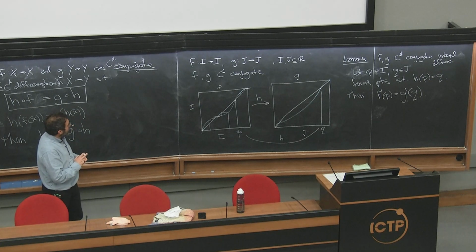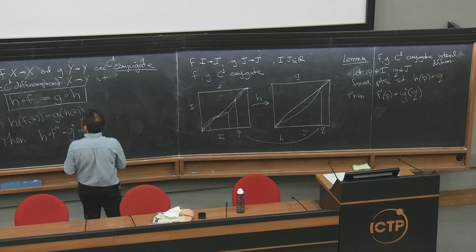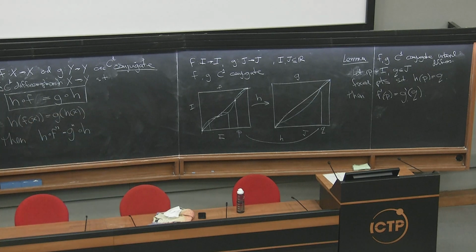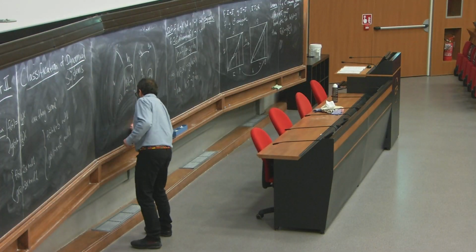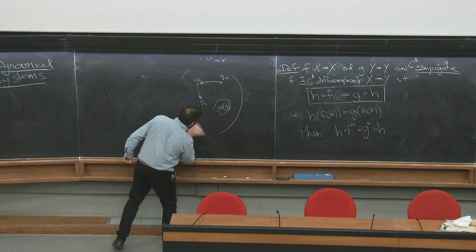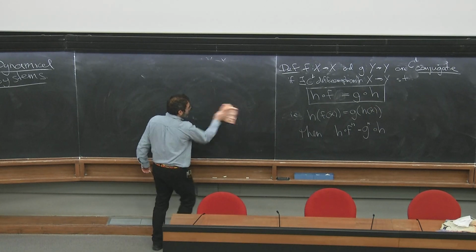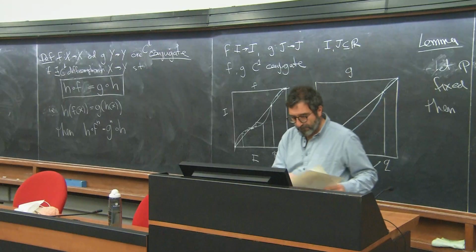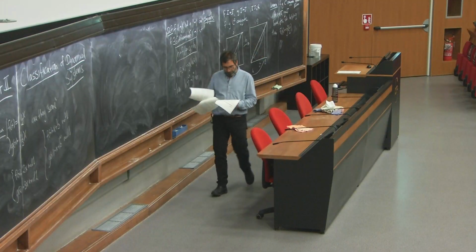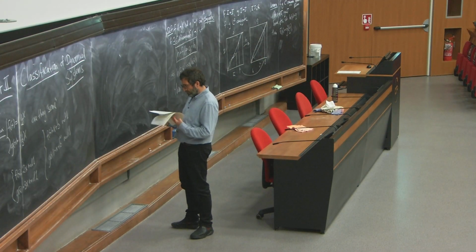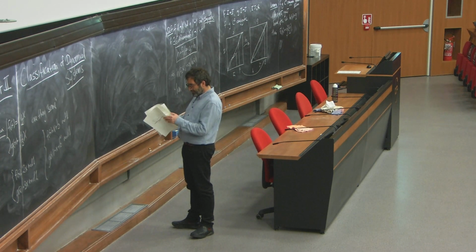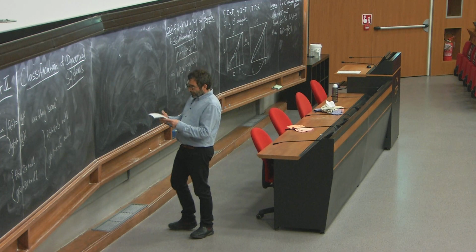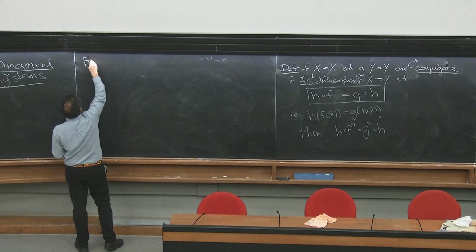Okay, so before we have a break, let me give one example, an interesting example of two systems that are conjugate. I'm going to write down the following two maps. So, example.